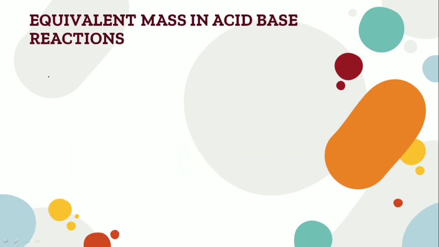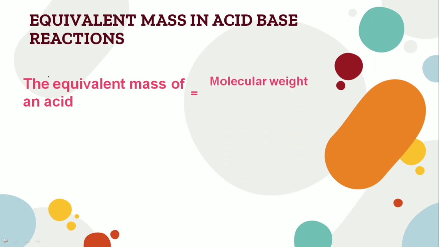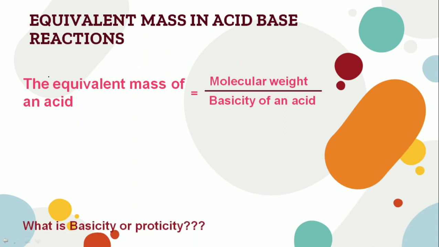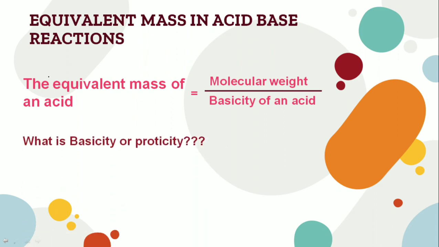Equivalent mass: how to calculate it in acid base reactions. The equivalent mass of an acid is given by this very simple formula, remember: molecular weight divided by the basicity of the acid. What is basicity or proticity?